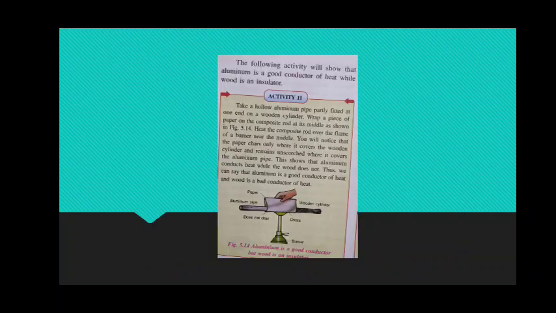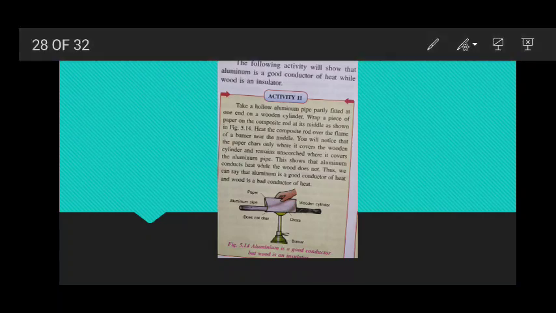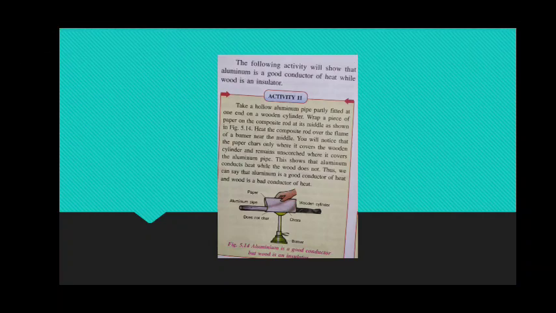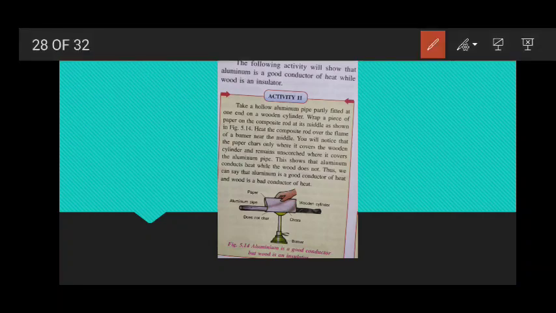Okay. Now the following activity will show that aluminium is a good conductor of heat, while wood is an insulator. For this, take a hollow aluminium pipe partially fitted on one end with a wooden cylinder. Wrap a piece of paper on the composite rod at its middle as shown in the figure.